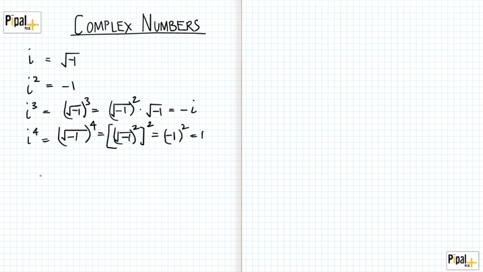So to put simply, iota to the power 1 is iota itself, iota squared is minus 1, iota cube is minus iota, negative iota, and iota to the power 4 equals 1, right?